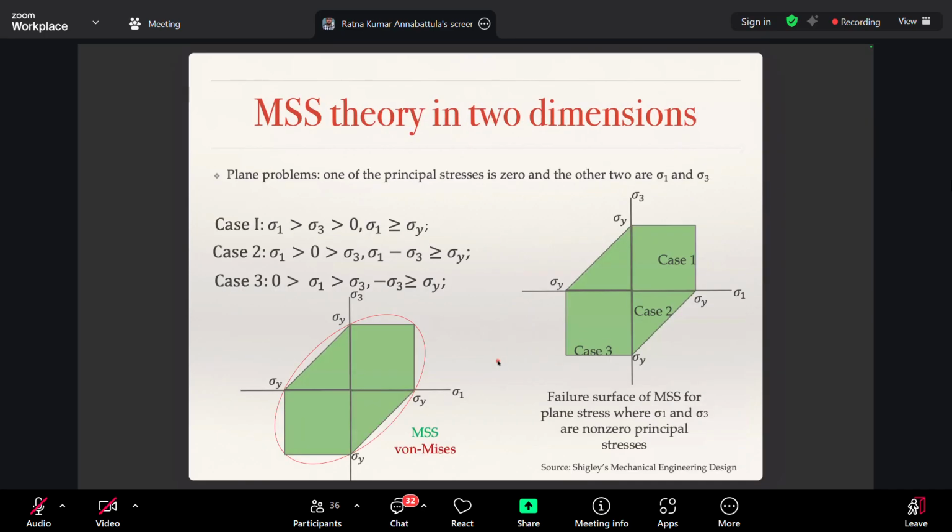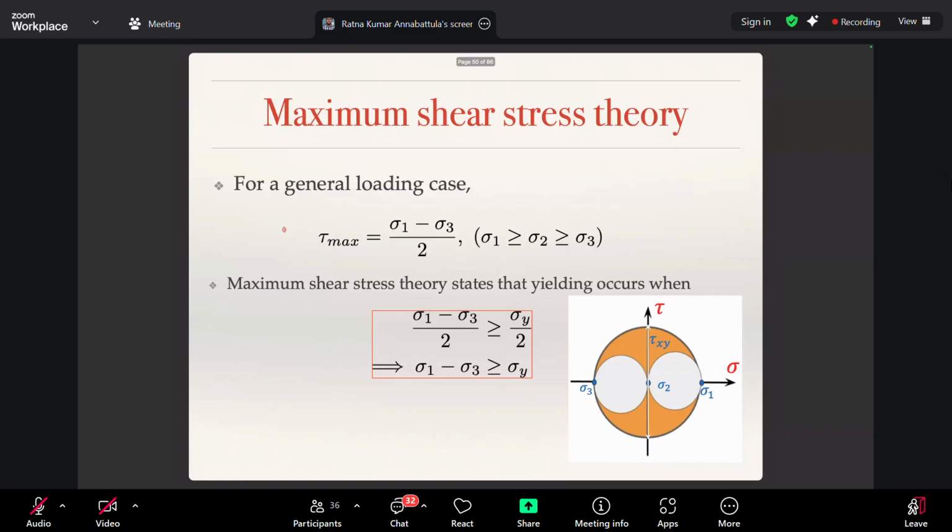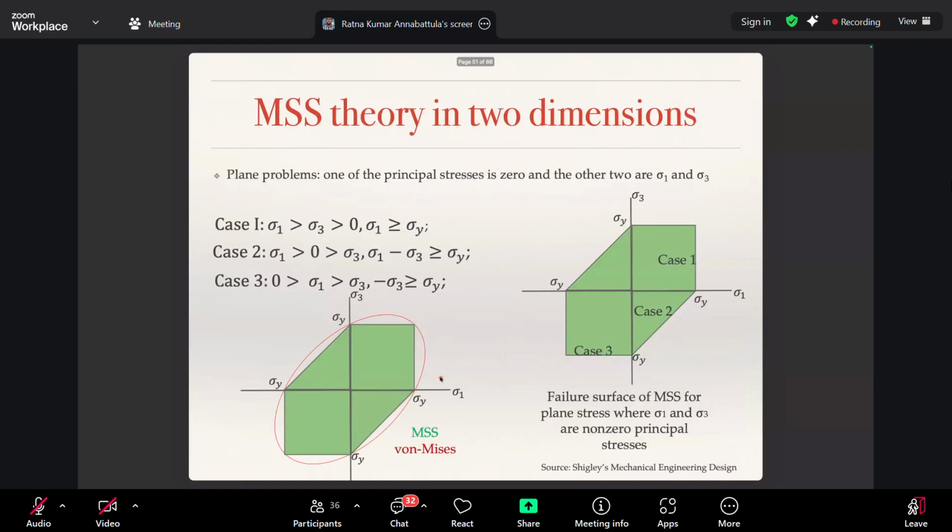So now, let us look at this scenario. In the sigma 1, sigma 3 plane, let us draw the failure surface or failure locus. Case 1: sigma 1 minus sigma 3 greater than sigma y, and let us say sigma 1 is greater than sigma 3 greater than 0.